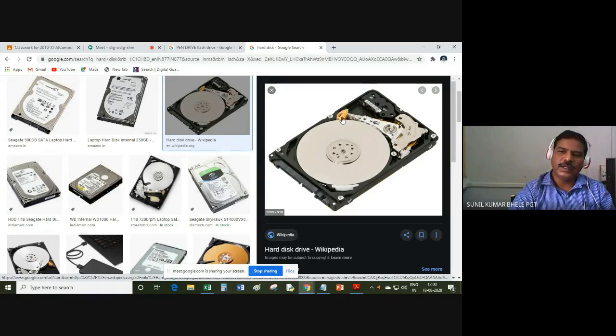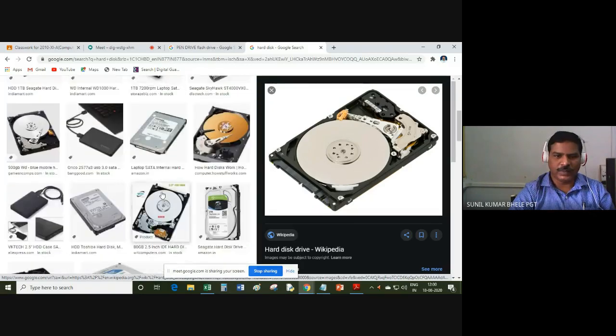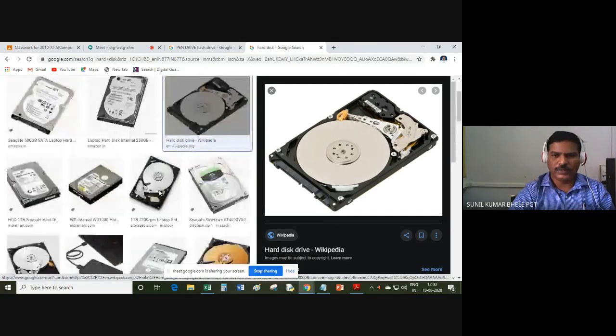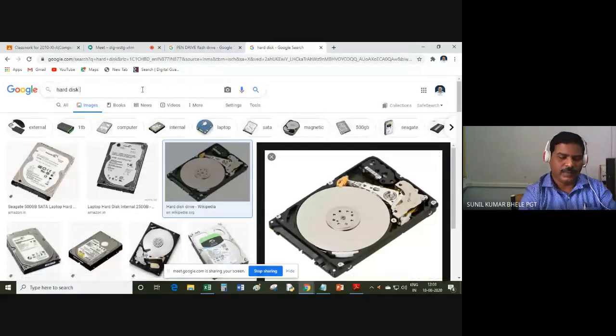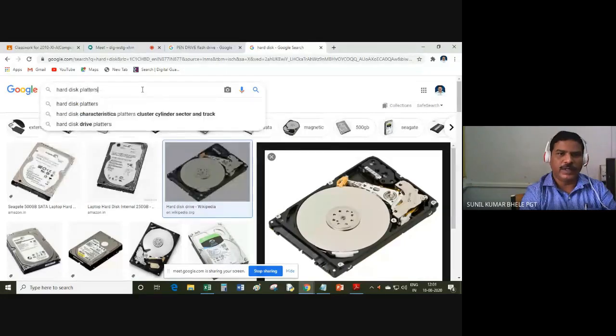This hard disk revolves at a very high speed, around 3200 rotations per minute, and this read-write head moves constantly over the hard disk. There are plates of these circular shapes. I will show you some plates, because these are called platters.